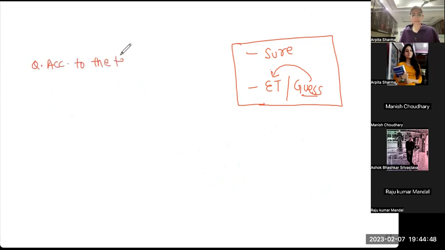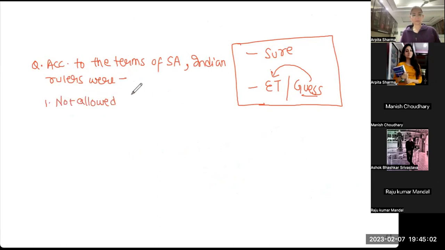According to the terms of subsidiary alliance, Indian rulers were, first, not allowed to have their independent armed forces.